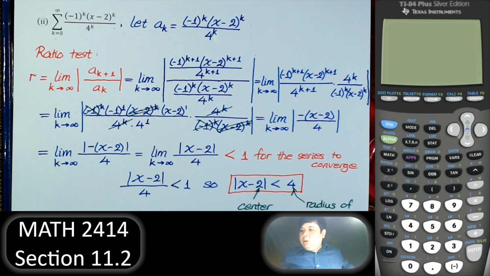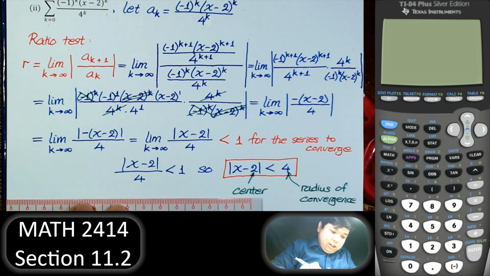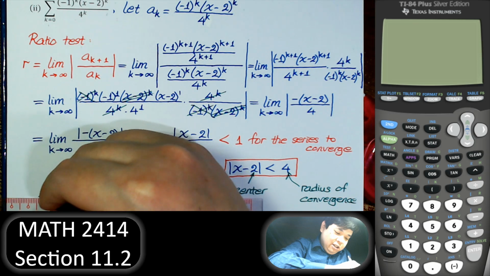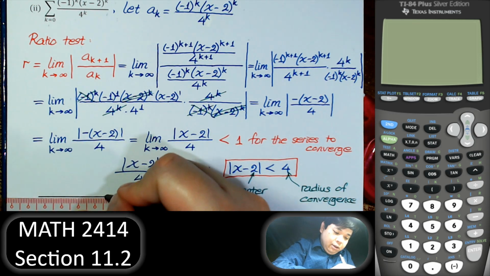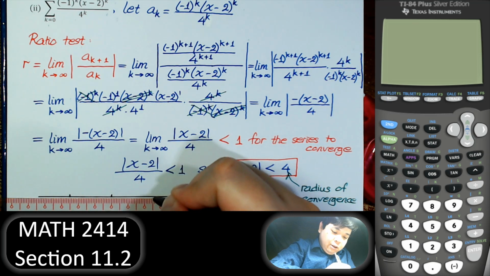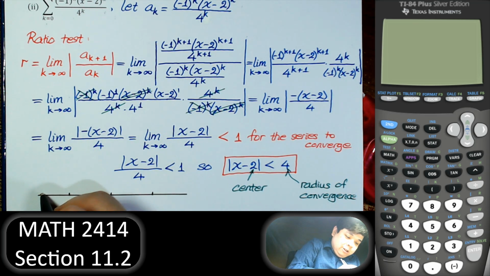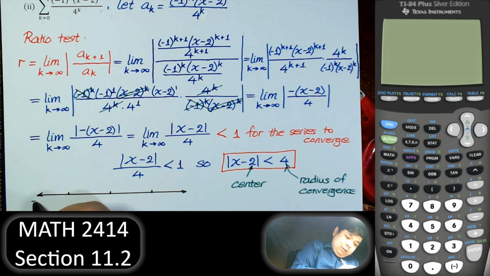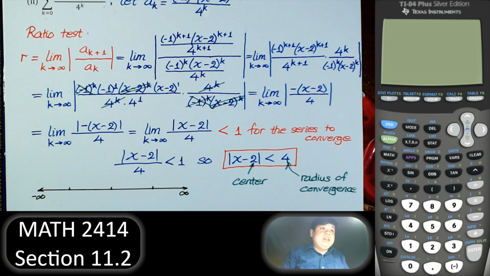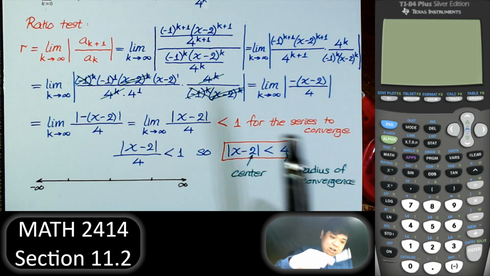Where's my ruler? I'm going to write a number line. The center of convergence is at 2.